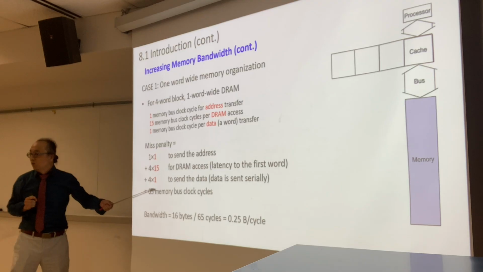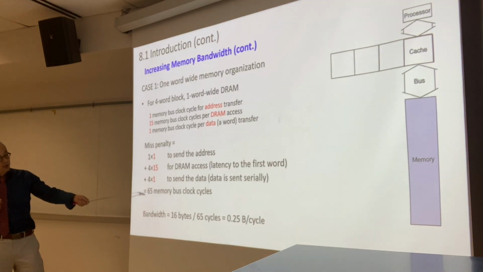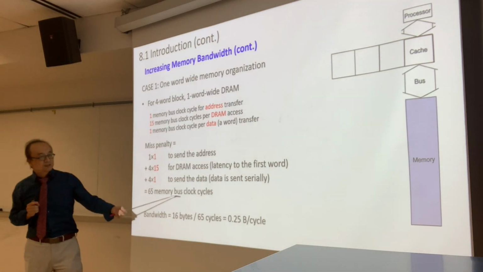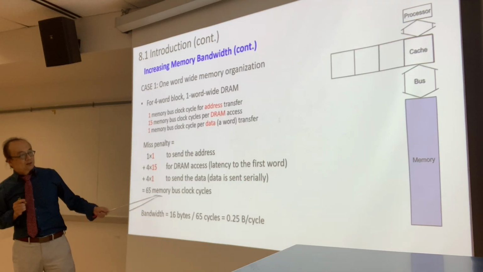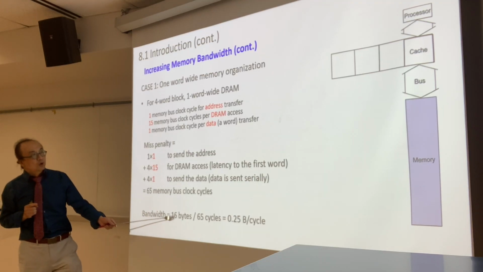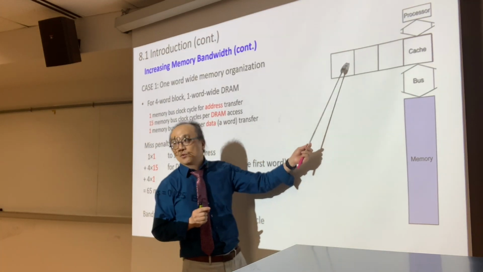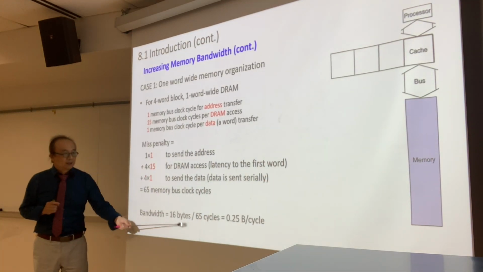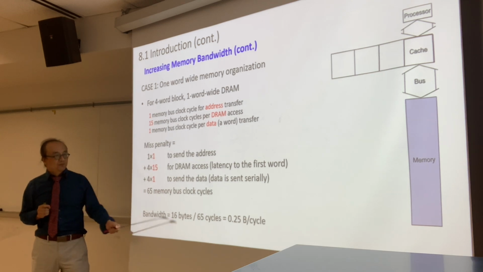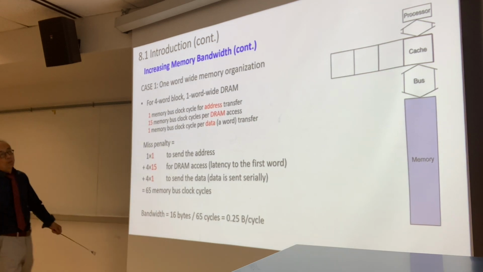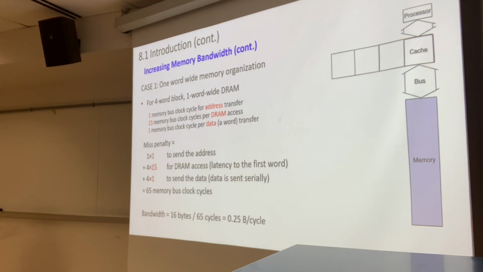That's why it's 1. So when you add them up, that's the total 65 cycles. And the bandwidth, we can calculate. Total width is 16 bytes, 4 bytes, 4 bytes, 4 bytes, 4 bytes, 16 bytes over total 65 cycles. So this is 0.25 bytes per cycle as a bandwidth.